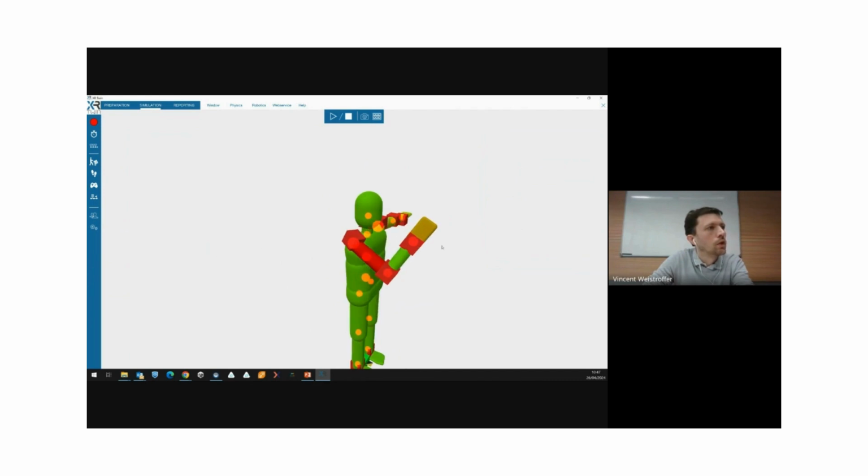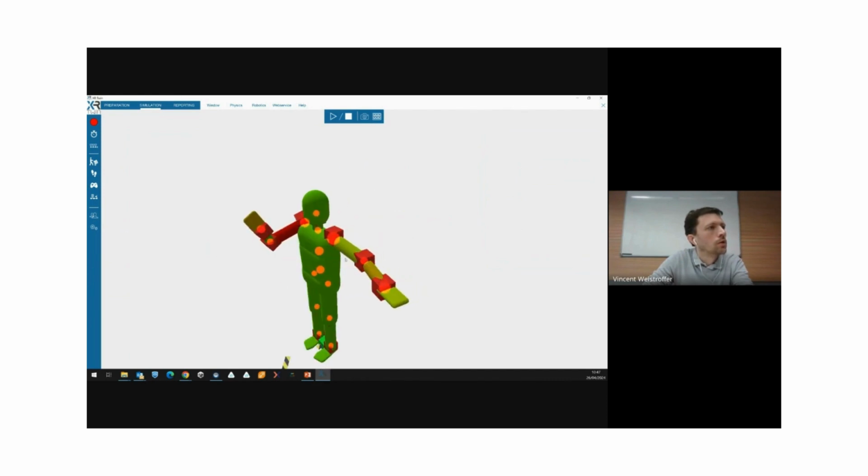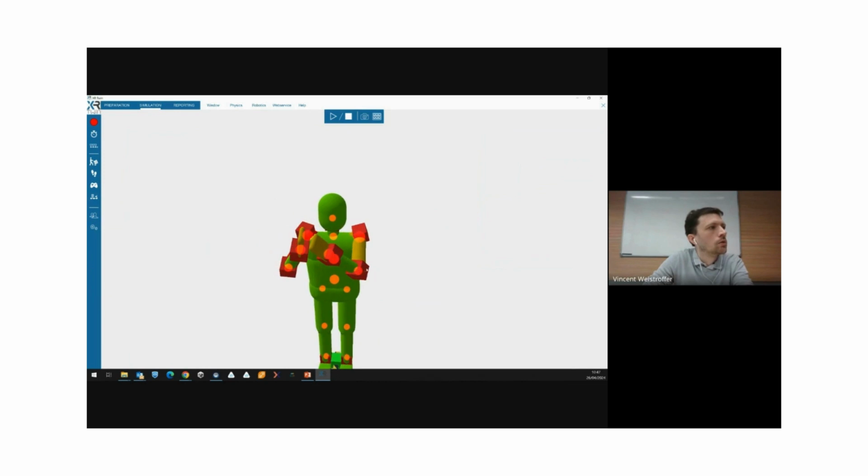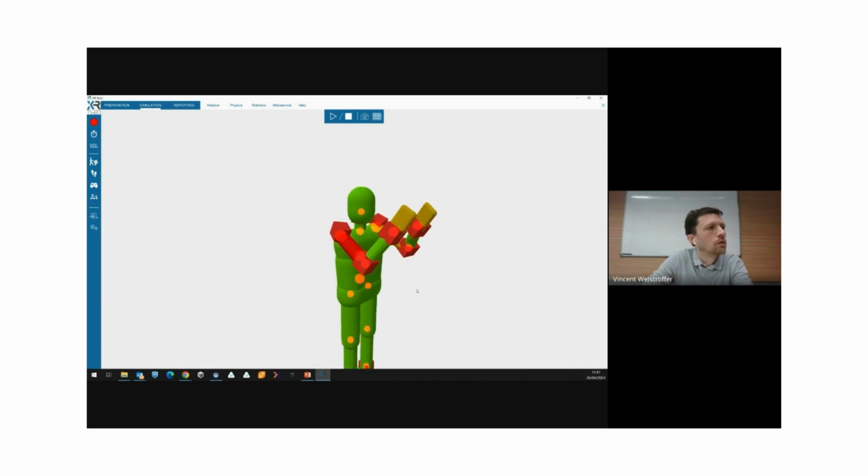The red cubes represent positions that the virtual mannequin has to follow. So here I move them in rotation like that. Rotation, okay. I can give a specific posture for the head, for example.